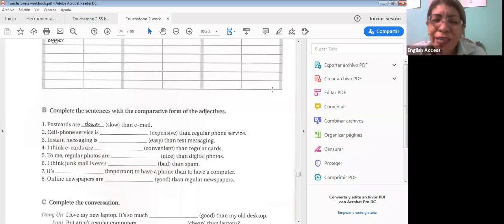Okay, can you see? When we're checking the homework, I realize who studies, who doesn't study, who does the homework, who doesn't do the homework. I can see who is doing the homework right now. So it's very important that you study, guys.